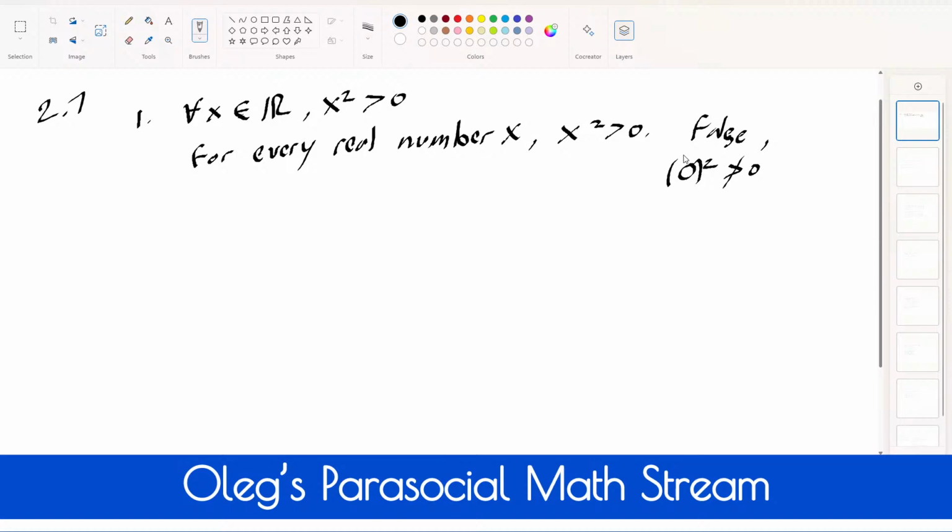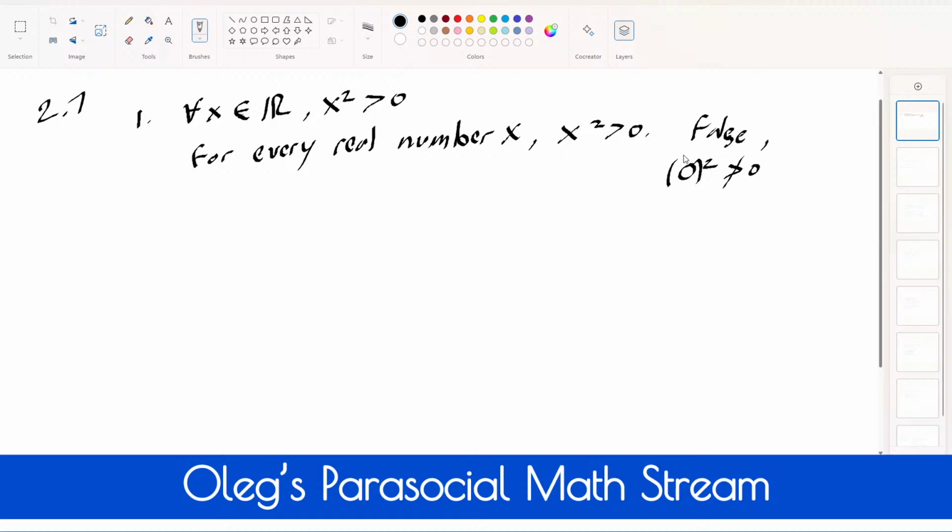Whether or not I wrote it how they want it, I don't know. We're going to find out. Let's go. Yep, there we go. Same as false, the reason is 0, but it's not true that 0 squared is greater than 0.